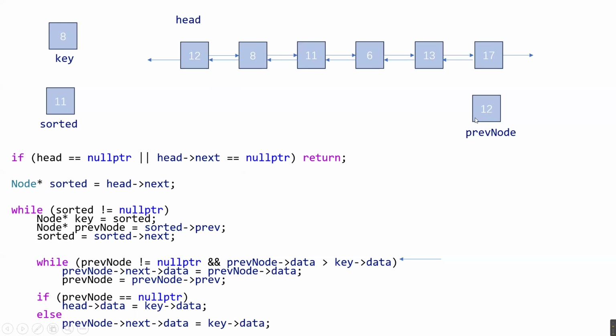So we compare the 12 with the 8, and the previous node's data, the 12, is greater than the key data, so we will jump inside the while loop.